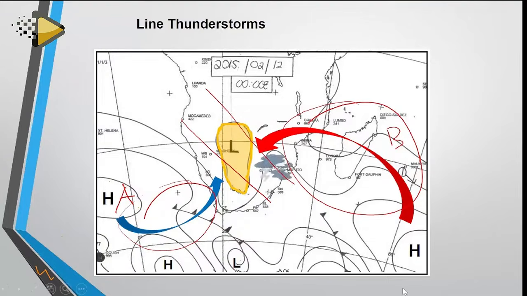On which side of the moisture front will the line thunderstorm develop? You must know it is on the east. Why on the east? Because on the east, that is where the air is warmer, where the air is rising higher, and where condensation is going to take place.